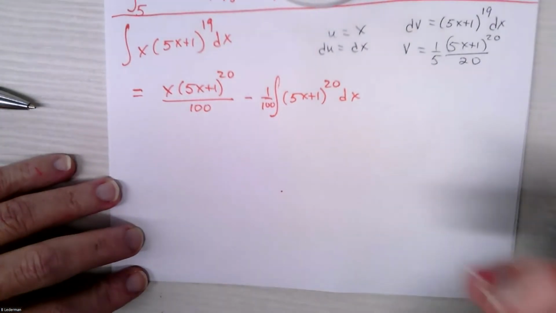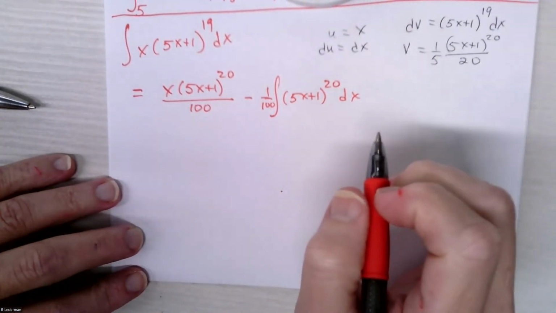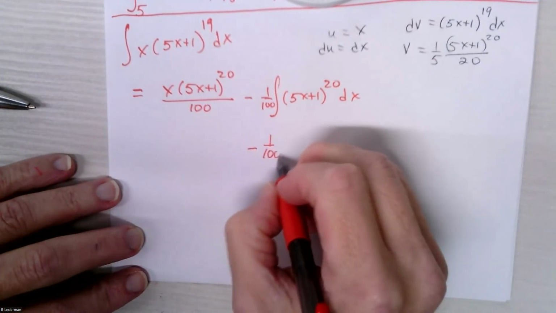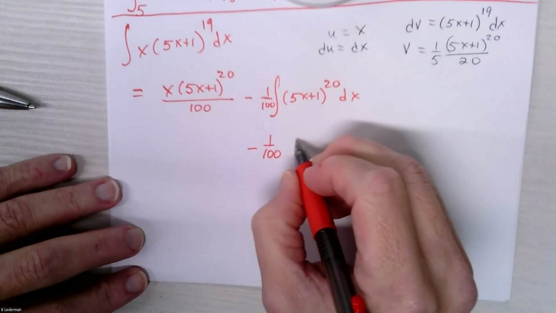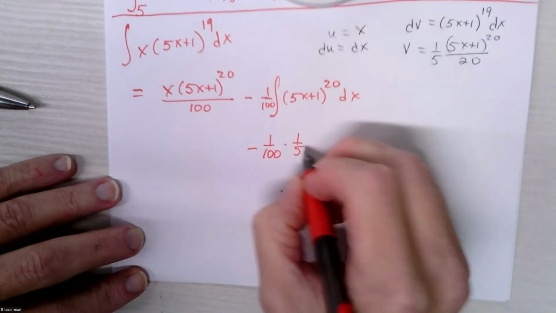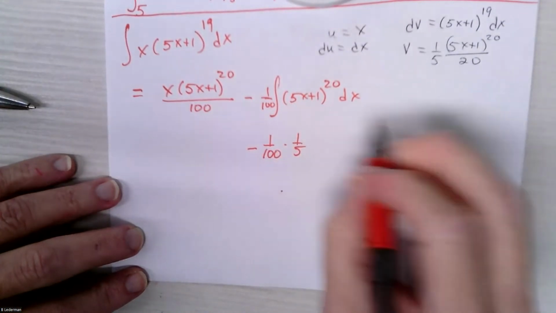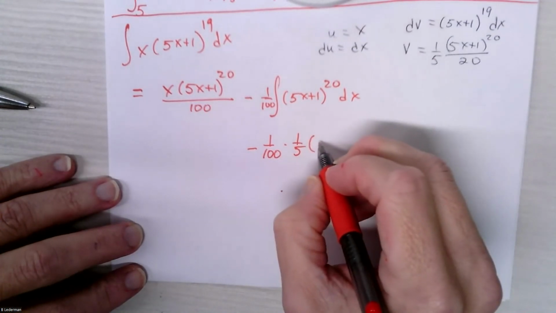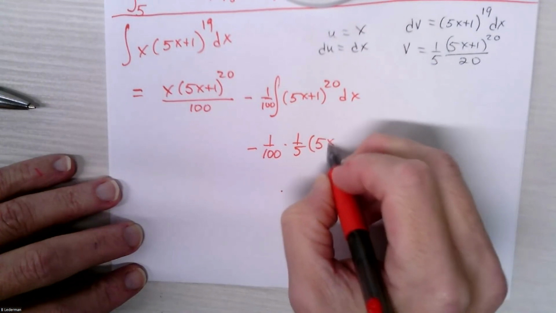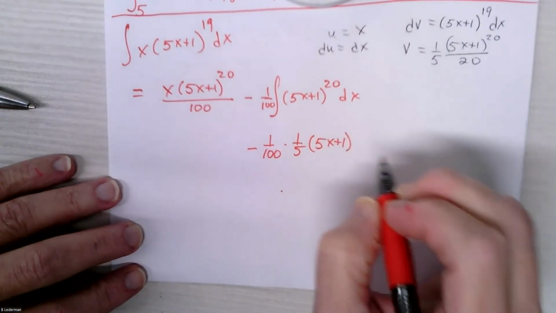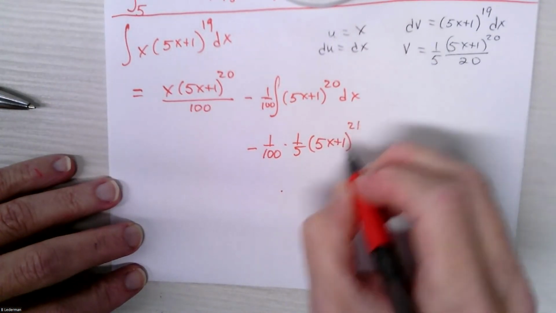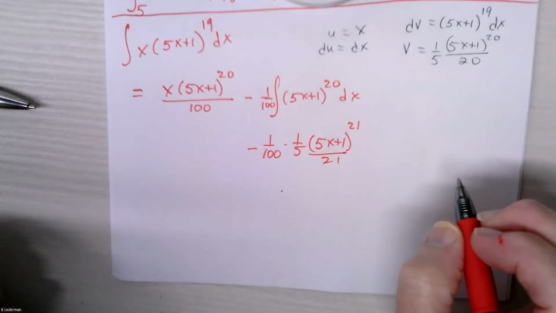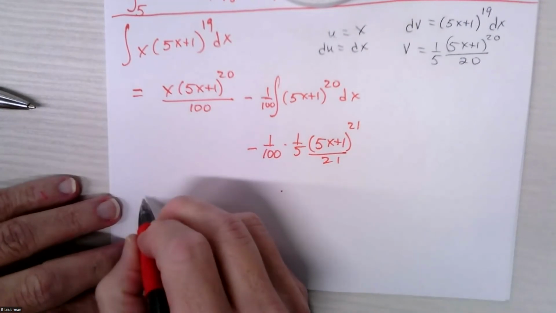So this is really just minus 1/100th times 1/5 times 5x plus 1 to the 21st power over 21. So let's just put this all together.